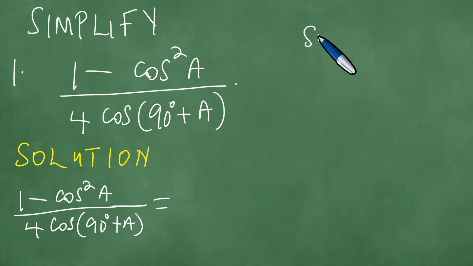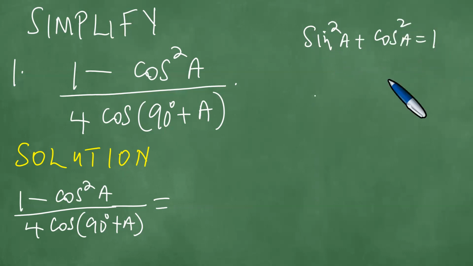Right, we need to remember that whenever you have sine squared a plus cosine squared a, it equals 1. So you transpose this.